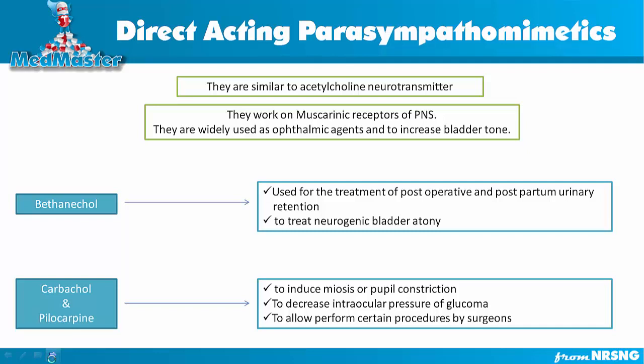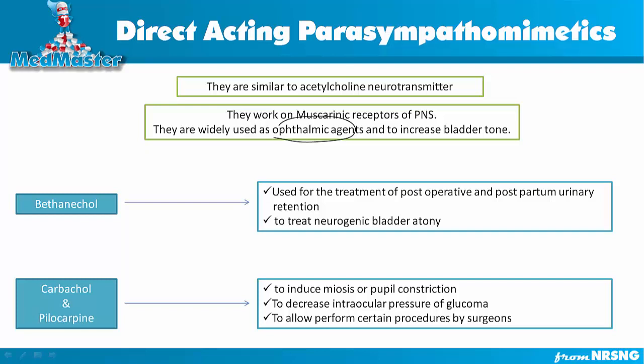Whenever they bind to these muscarinic receptors, it's going to cause all the effects caused by the parasympathetic nervous system. They're mostly used as ophthalmic agents and to increase the bladder tone, because if you remember, this medication will contract the urinary bladder, and this one is also used for the ophthalmic agents.